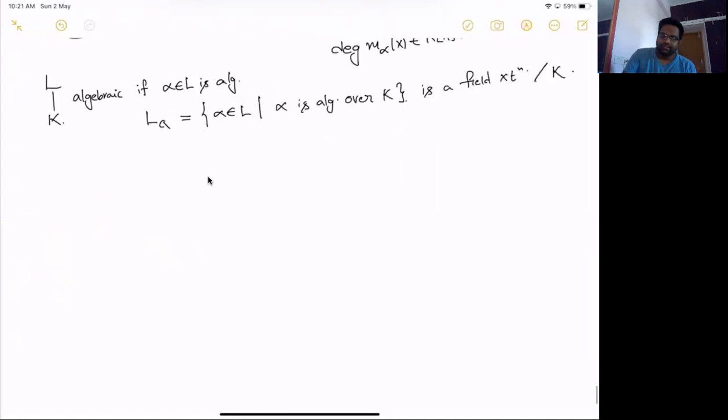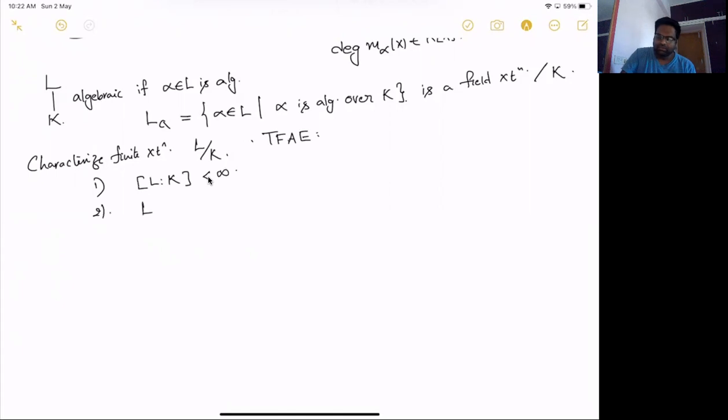And we have characterized finite extensions as follows. Let L over K be an extension, then the following conditions are equivalent. One, L over K is finite, that means it is a finite extension.